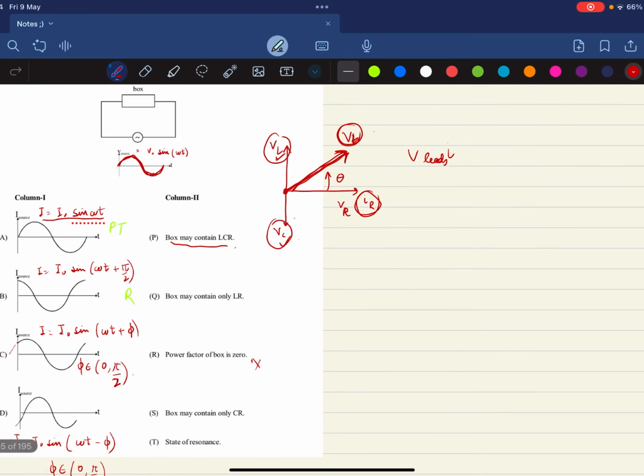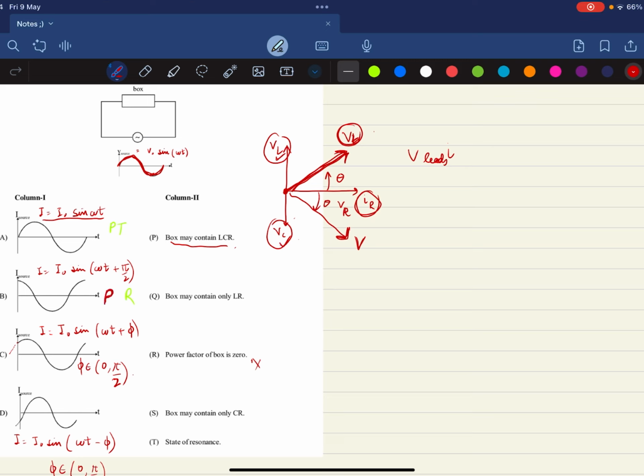So the voltage leads. Or this graph may also come here at theta, and current can also lead in this case. So the answer to this will be P.